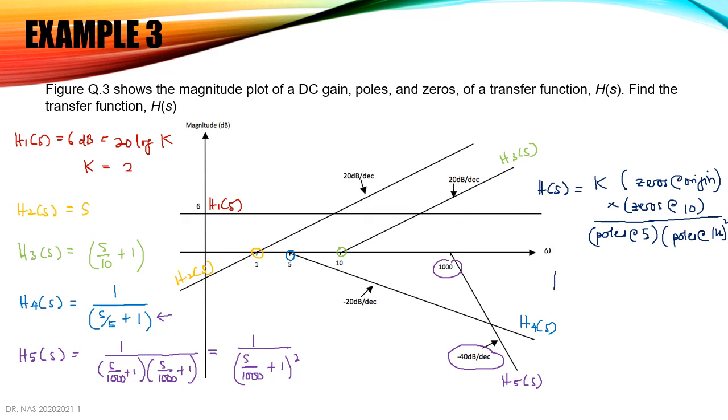Therefore your H(s) equals, your K just now is 2, and then you have the zero at origin s, and the zero at 10, so (s divided by 10 plus 1), divided by the pole at 5, so (s over 5 plus 1), and the pole at 1000, (s over 1000 plus 1) squared.